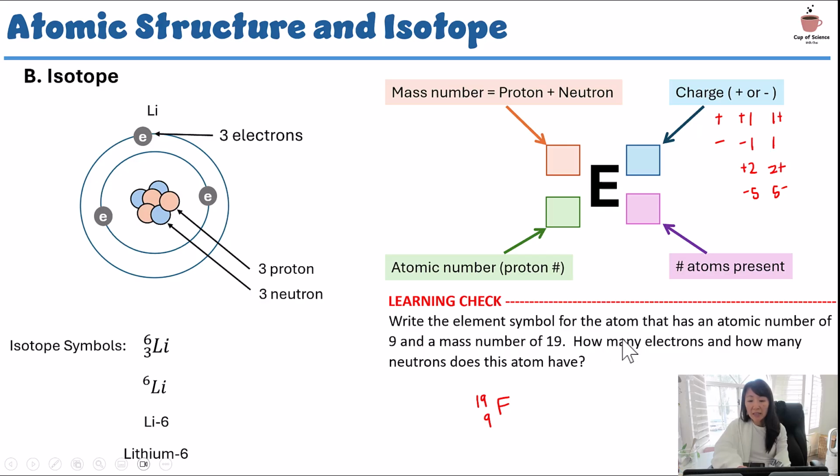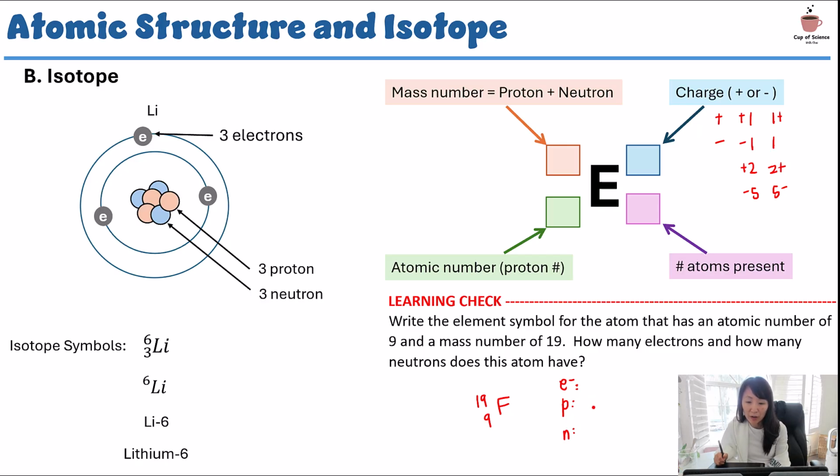But I also asked how many electrons are present. In fact, let's just go ahead and identify electrons, protons, and neutrons. I'm going to write that down: electrons, protons, and neutrons. Okay, so first the proton. That's the easiest one.